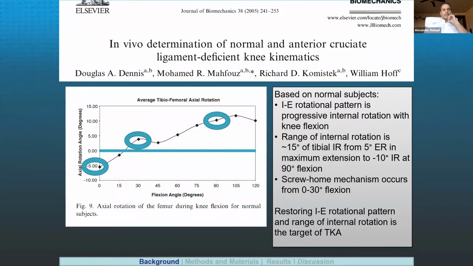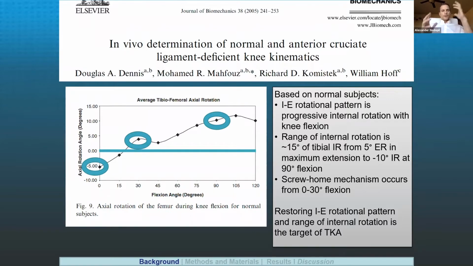The x-axis is the knee flexion angle, and the range of internal rotation is approximately 15 degrees from 0 degrees to 90 degrees of flexion. And the screw mechanism, which I will explain in the next slide, occurs within the first 30 degrees of flexion.